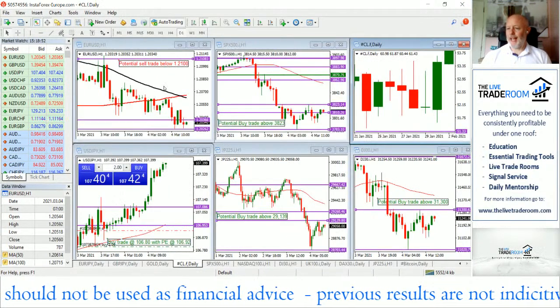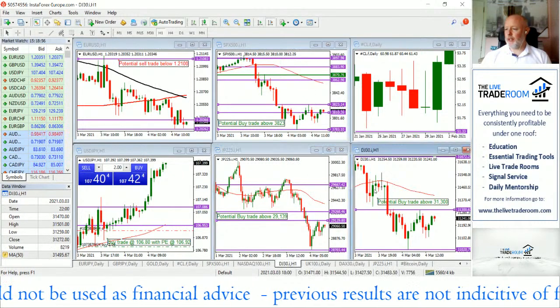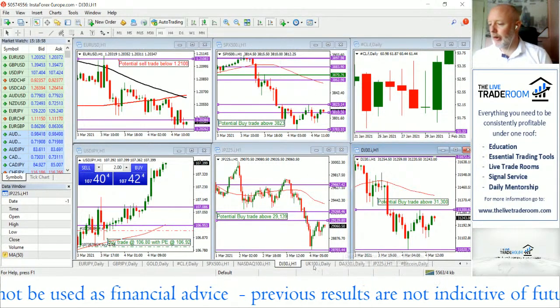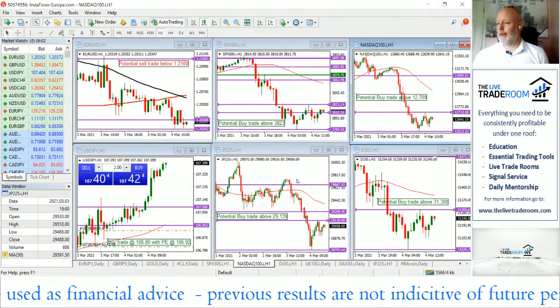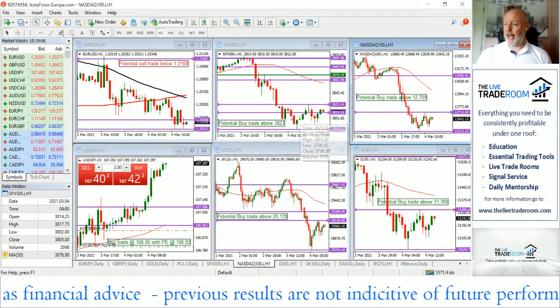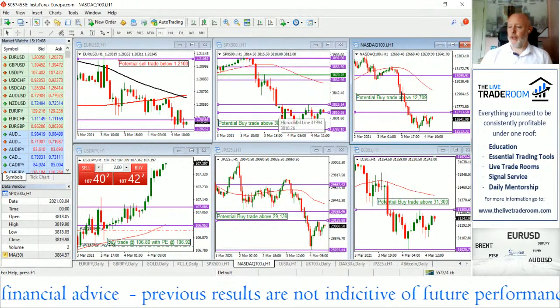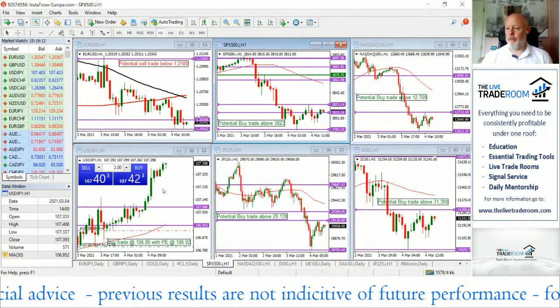So let's see if there's any more volume in these markets. And it really doesn't look like there is. There's been a lack of volume for 12-13 hours now in these equity markets, so it's not as if they're continuing their move.